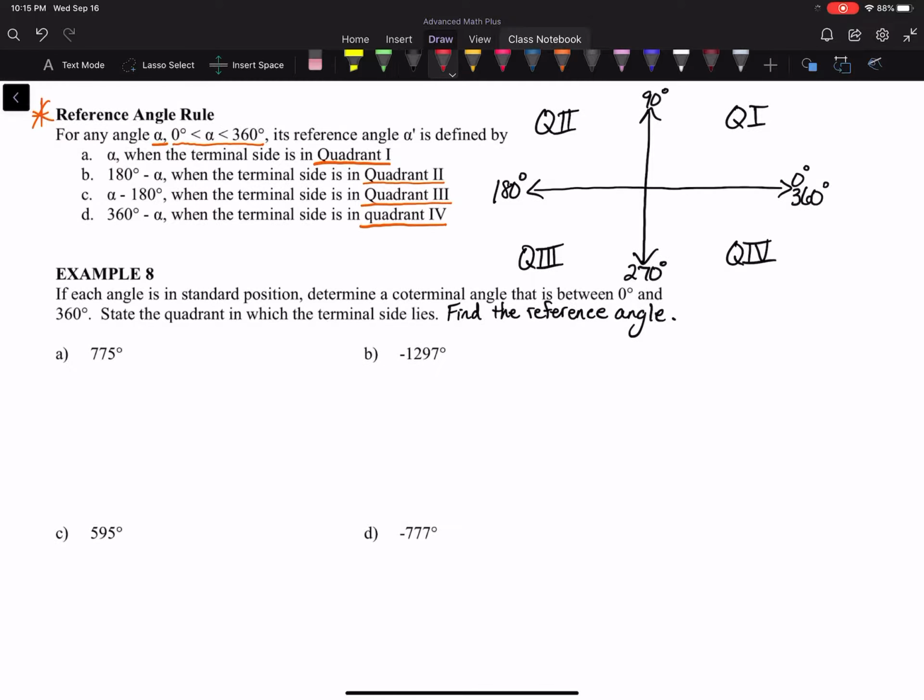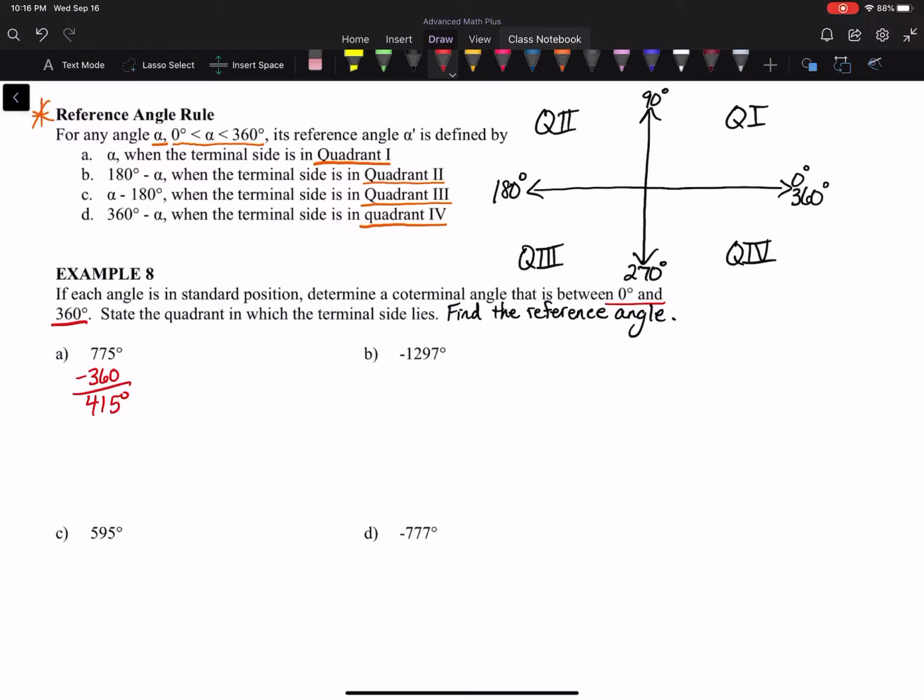So here we go. First, determine a coterminal angle that is between 0 and 360. 775. I'm just going to subtract 360 from that. And when I do, I will realize, hey, that's 415. Is 415 between 0 and 360?